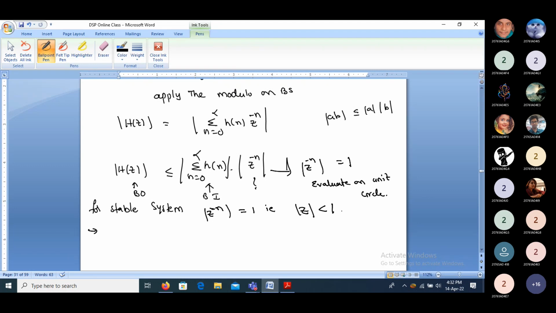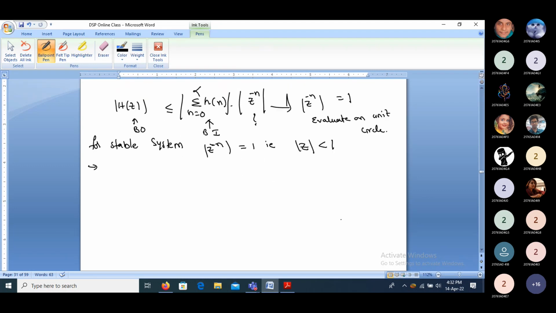So clearly observe it. Now we can just combine the causal and stable conditions. You can conclude the points here.